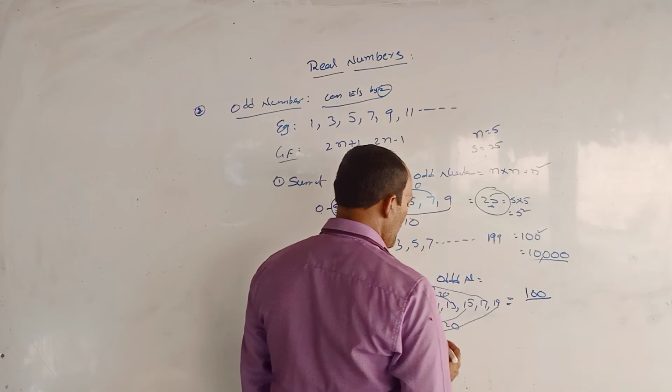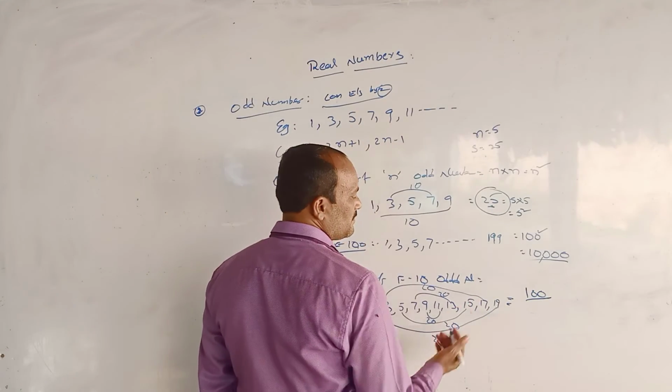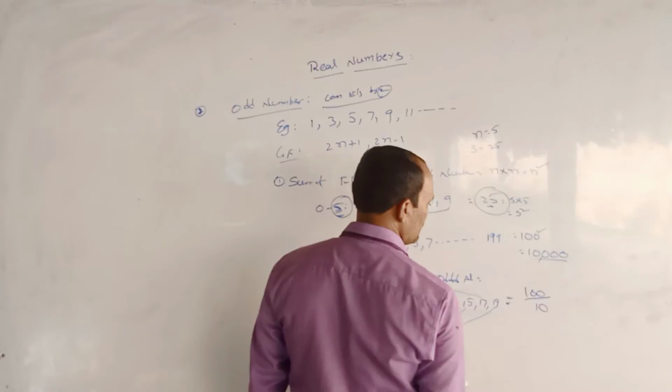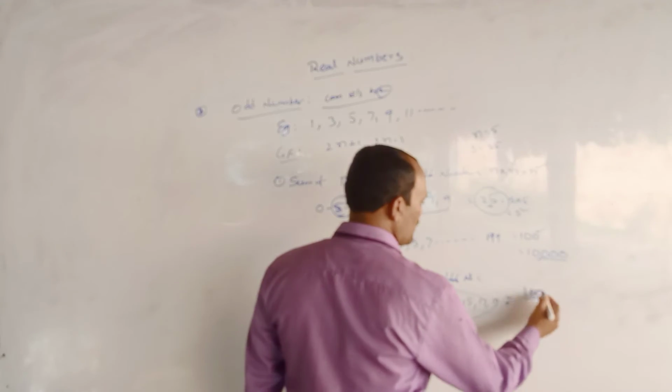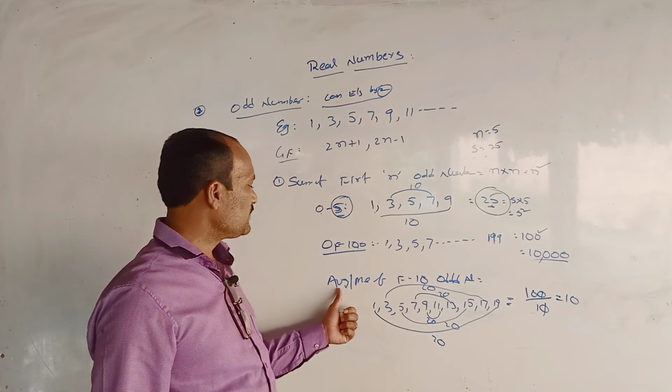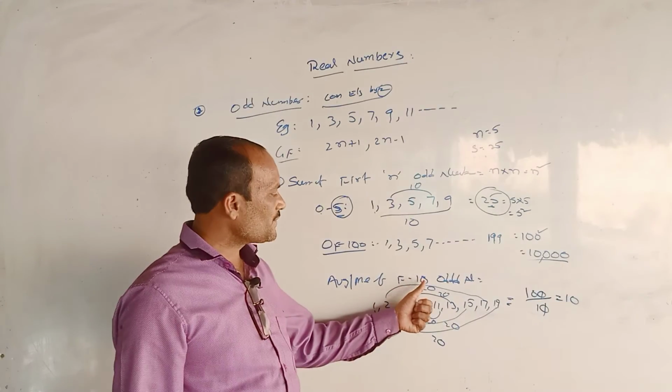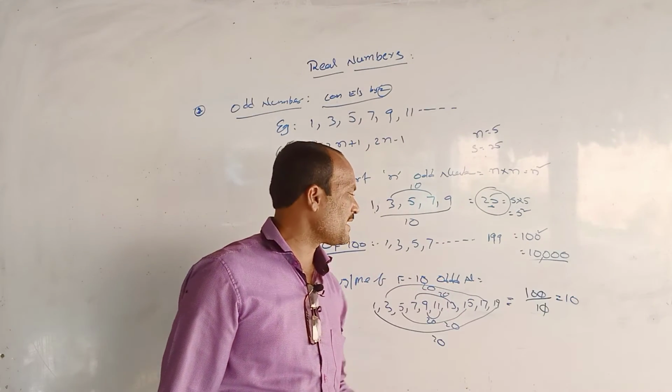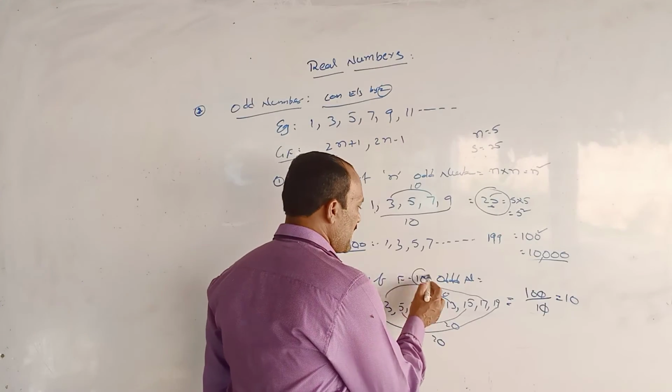By how many odd numbers? We have taken 10. So the zeros cancel, 10. So the mean or average of first 10 odd numbers is 10.